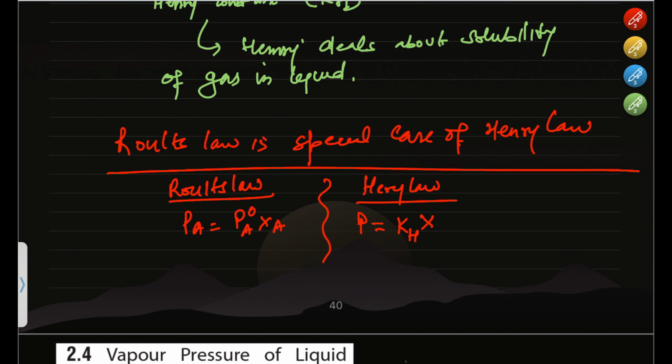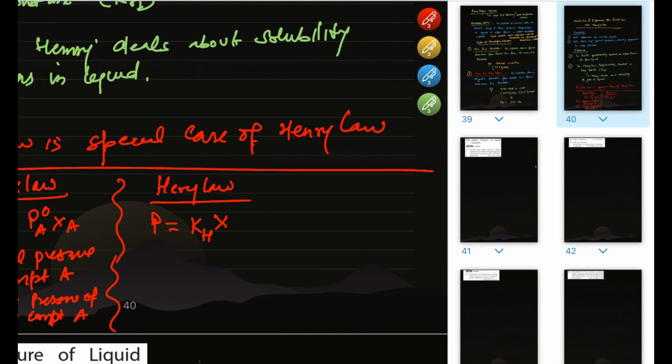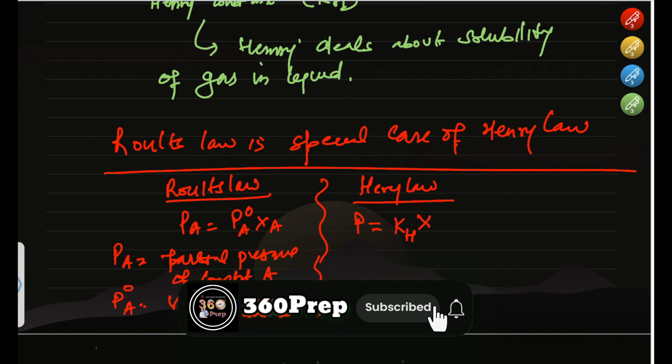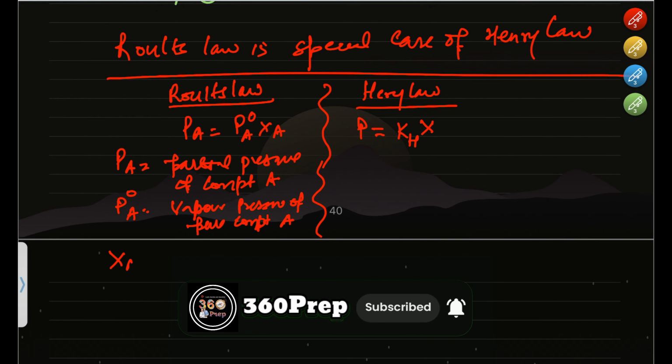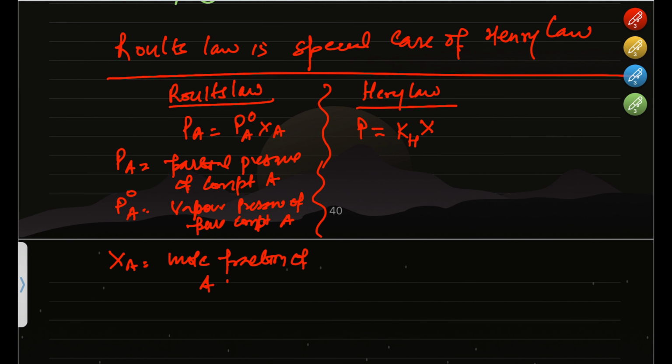Here PA is the partial pressure of component A, PA° is the vapor pressure of pure component A, and XA is the mole fraction of A in the liquid phase.